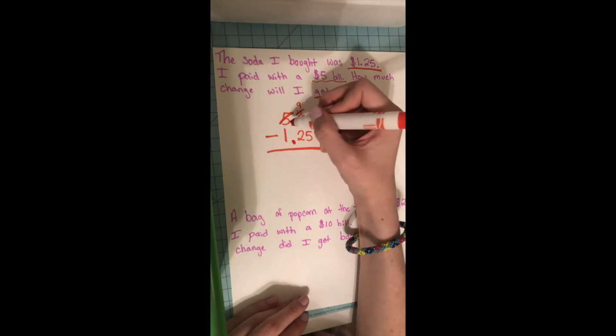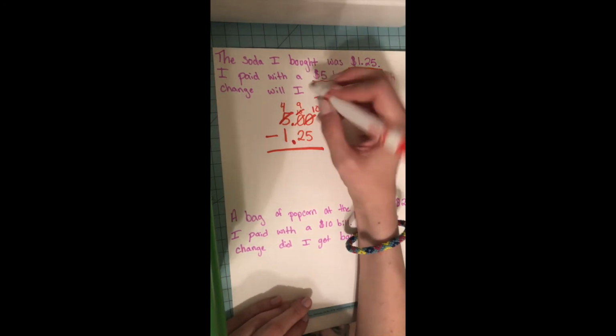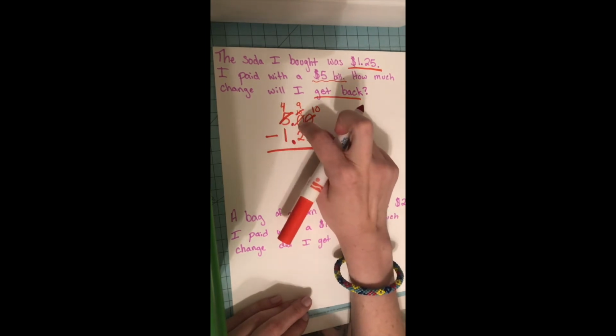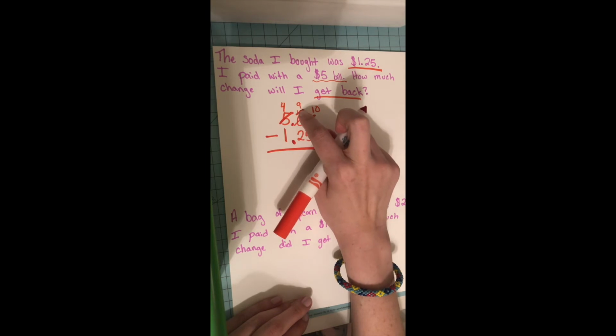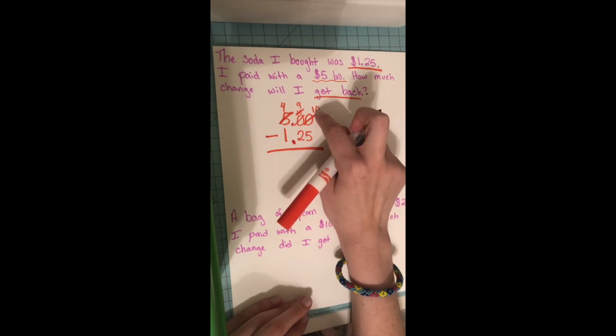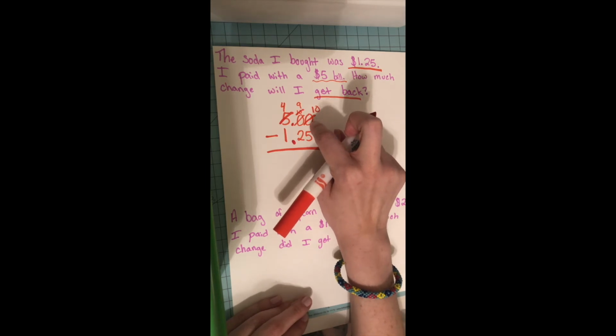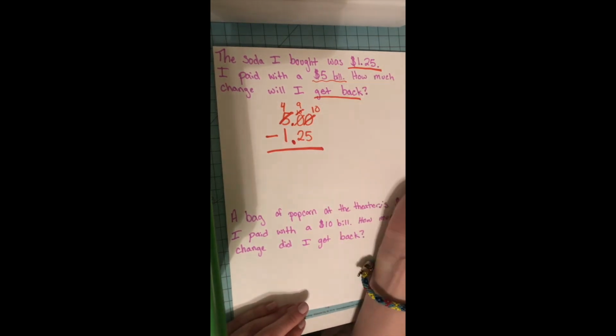Please, Mr. 5, may I borrow a 10? So the 5 becomes a 4, which makes a 0 a 10. But then we need to borrow from the 10, so that makes that 10 a 9. And then this 0 here is a 10. And we can take 5 away from 10.